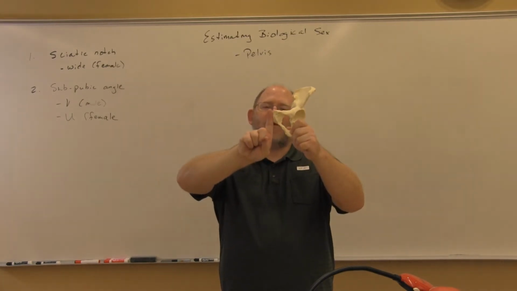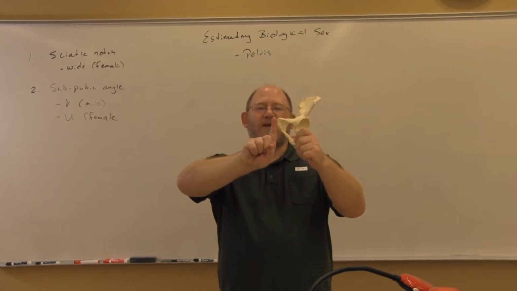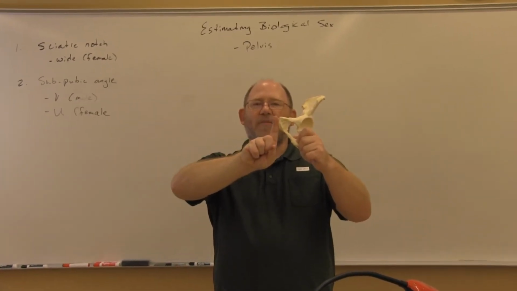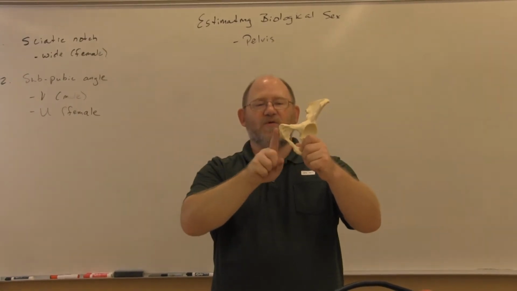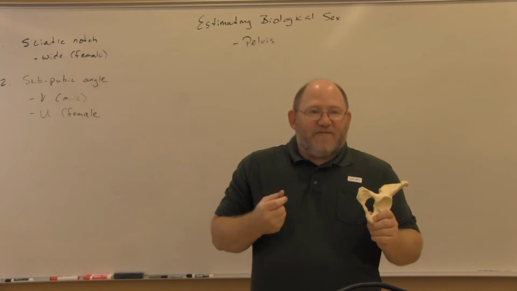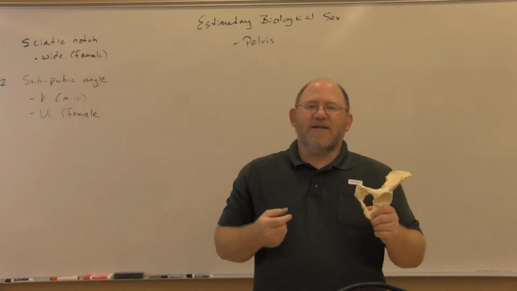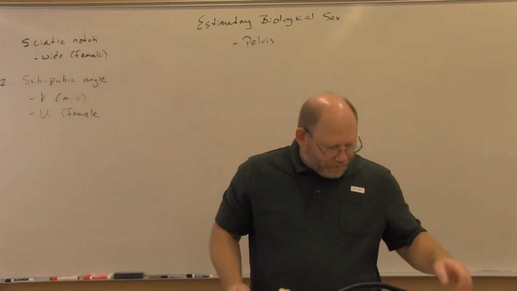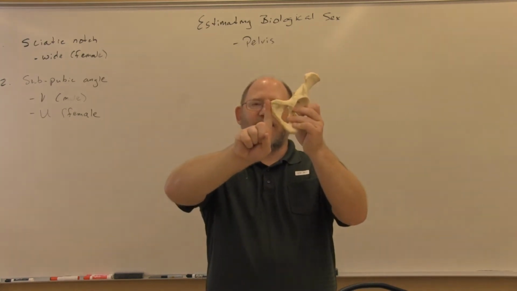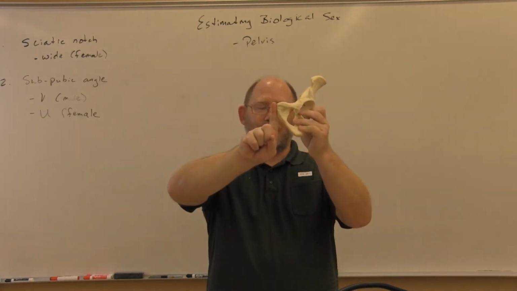When we have just the one bone, we can look at it as what's the angle when we put a finger up to the pubic symphysis. In females, that angle is wider, and in males, that angle is more narrow.